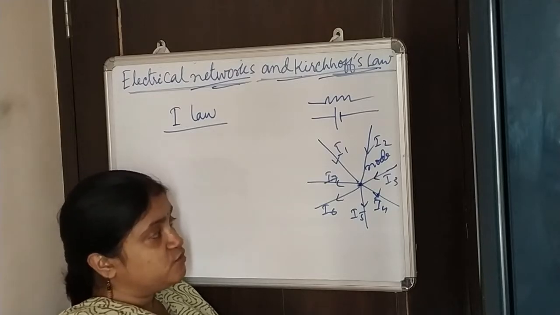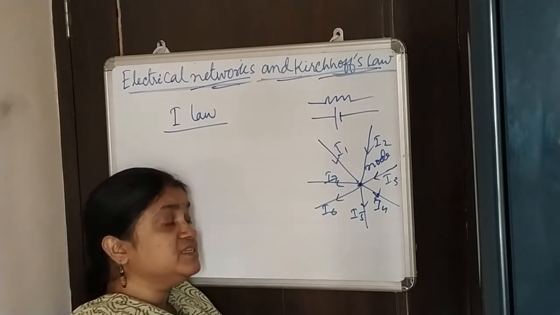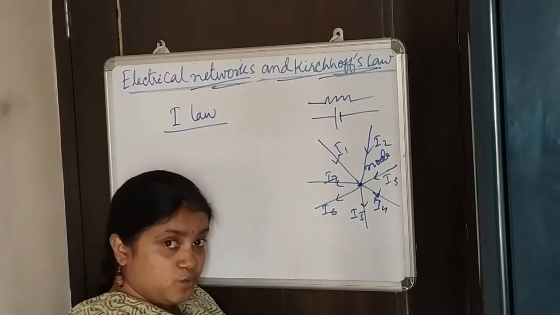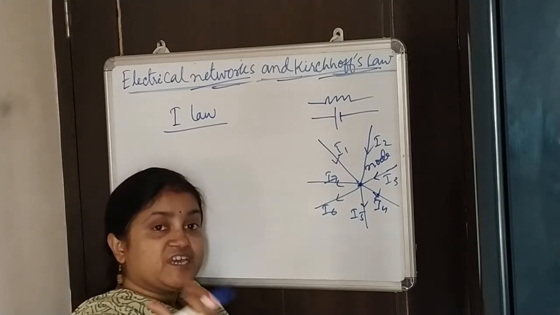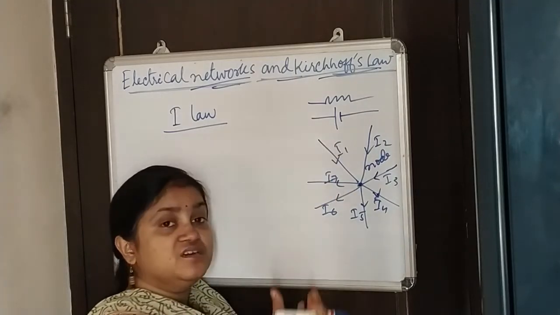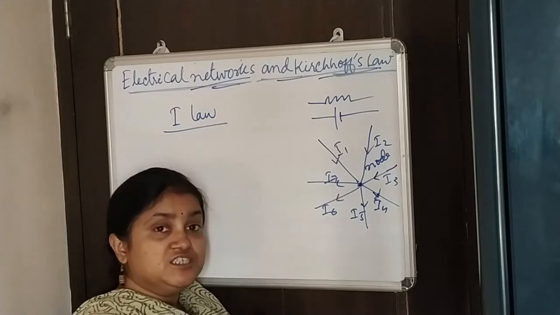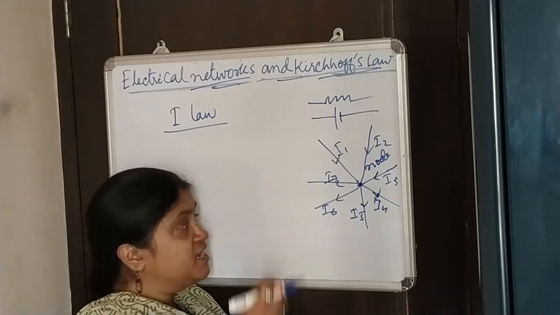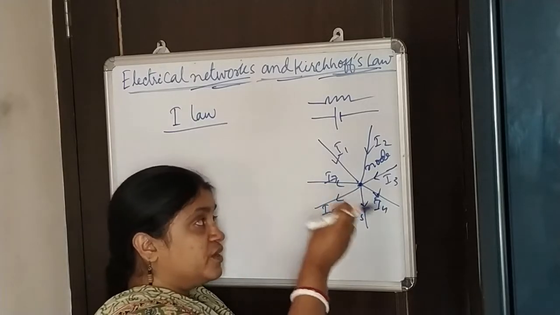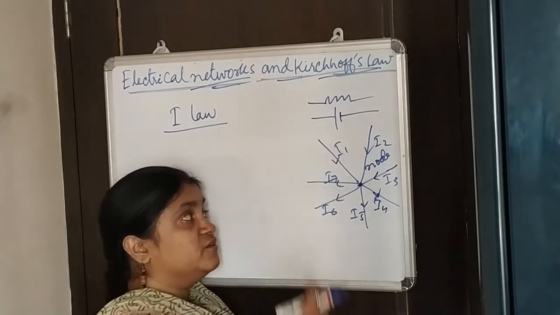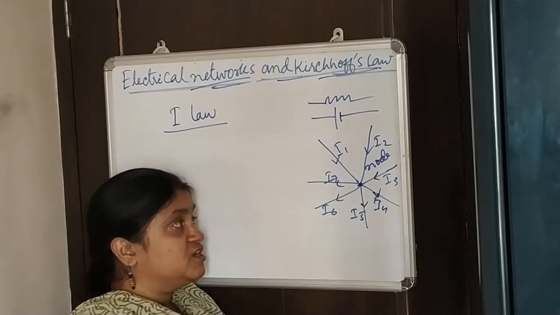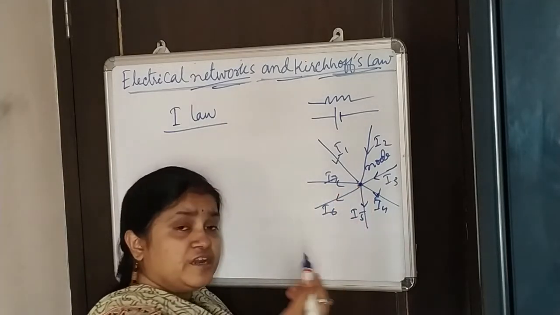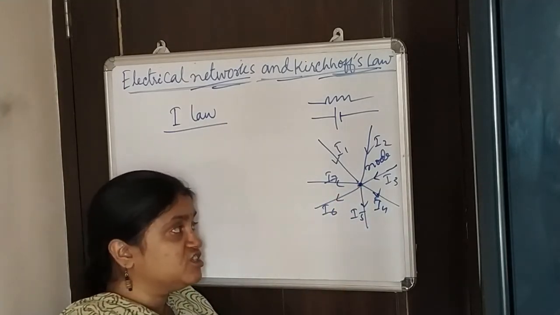It says that if you have a steady current, it means the current should flow. It should not get accumulated in any part of the conductor. So the charges should continuously flow without any accumulation at any particular point of this kind of circuit. It can be called a node, or it can also be called a junction.